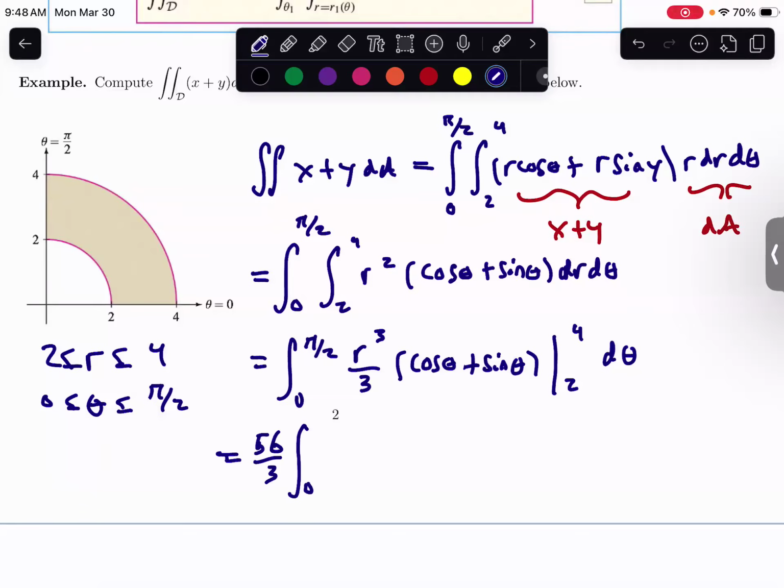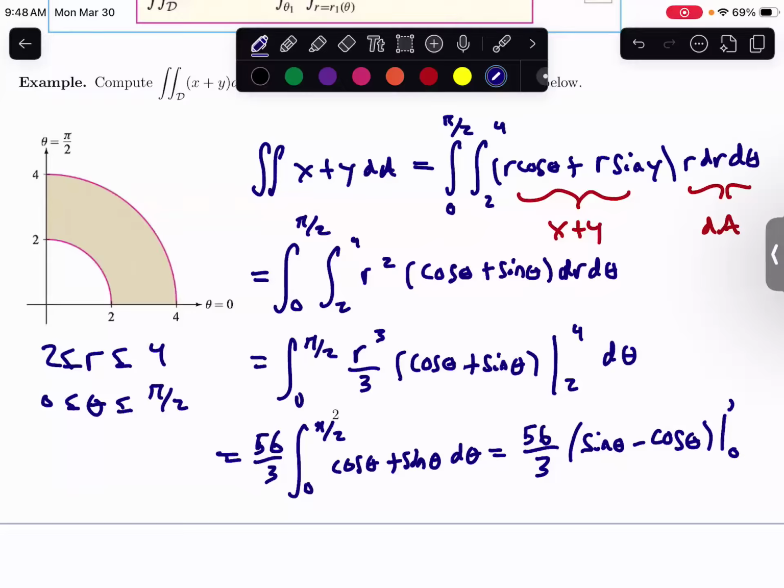You have the integral from 0 to pi over 2 of cosine theta plus sine theta d theta. And then here, the integral of cosine is just going to be sine. The integral of sine is equal to minus cosine. So this is going to be equal to 56 over 3, then you have sine theta minus cosine theta, going from 0 to pi over 2.